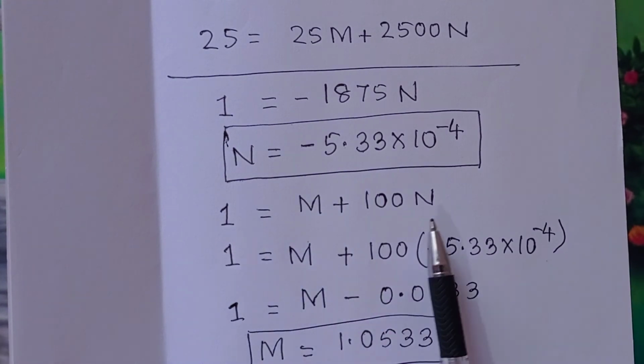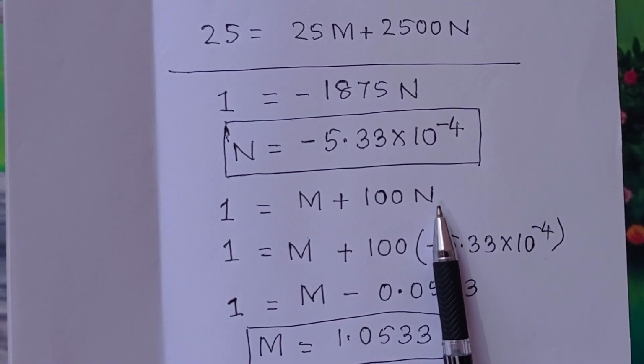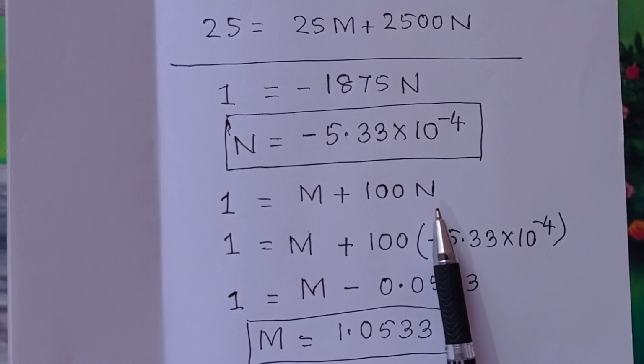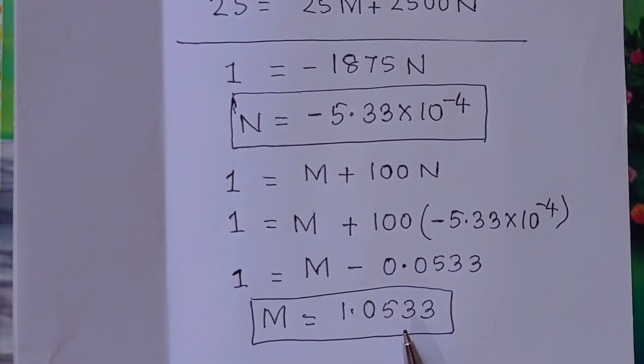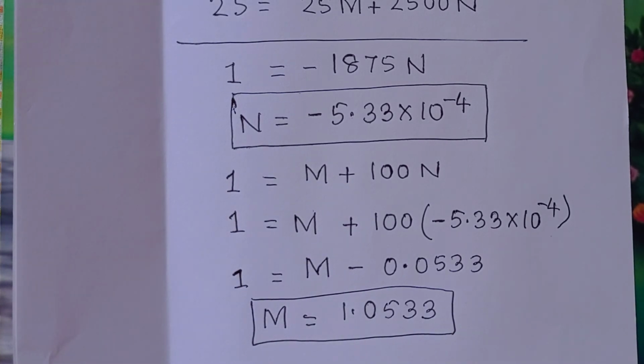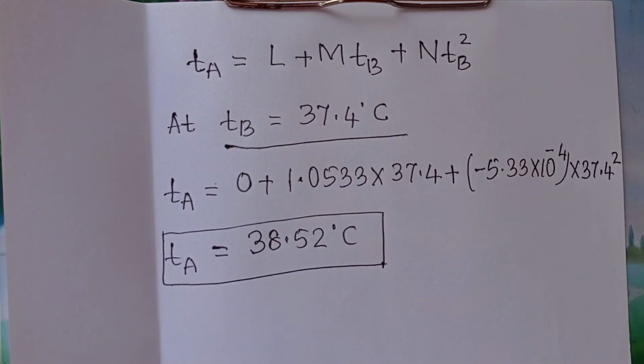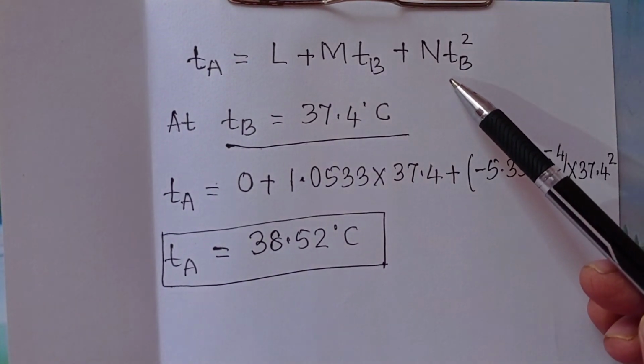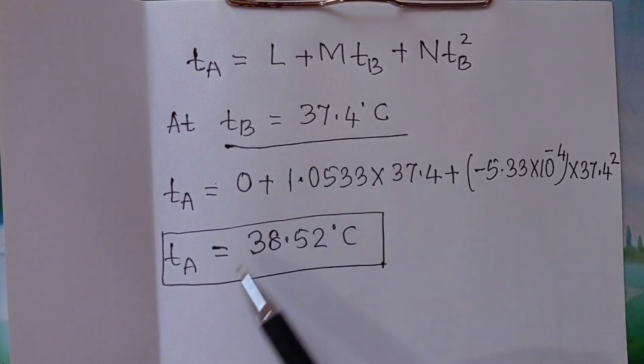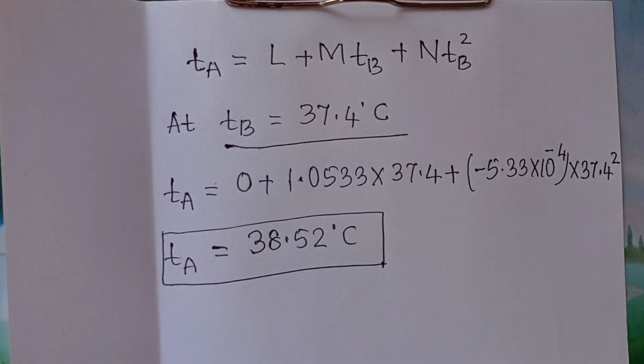Then if I take equation 4 once again and substitute the value, I will get the value for m, that is 1.0533. Upon getting the value of m and n and L equal to 0, I will substitute the values in the governing equation, and I will get the value for Ta as 38.52 degree Celsius. Thank you. We'll take up a few more problems in the next class.